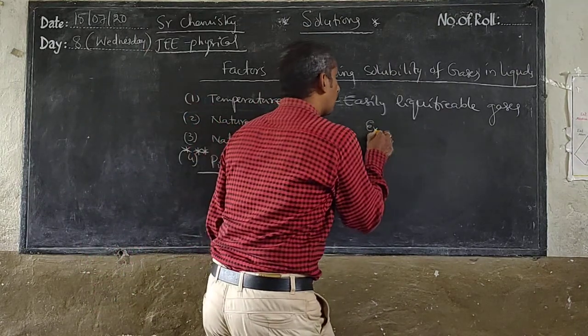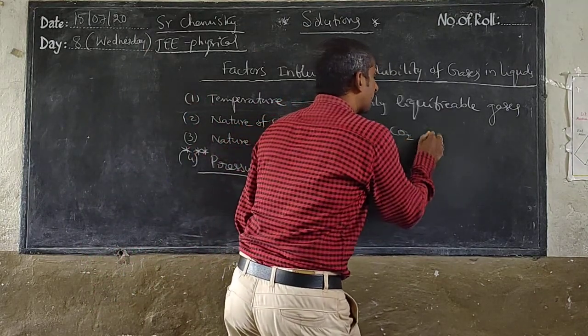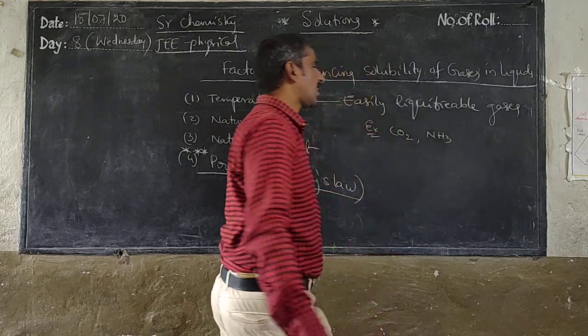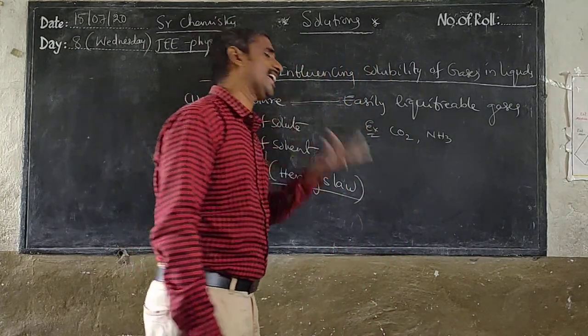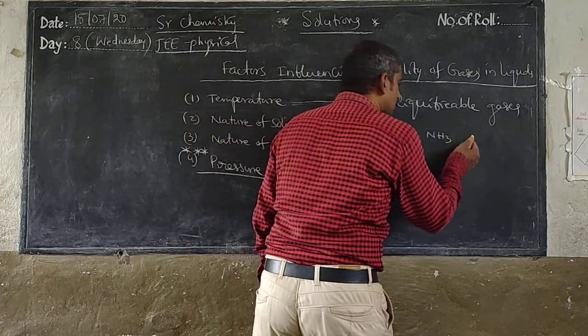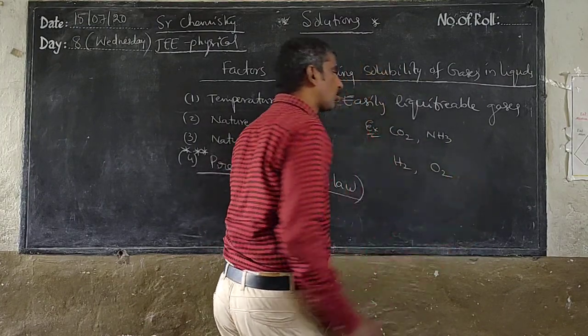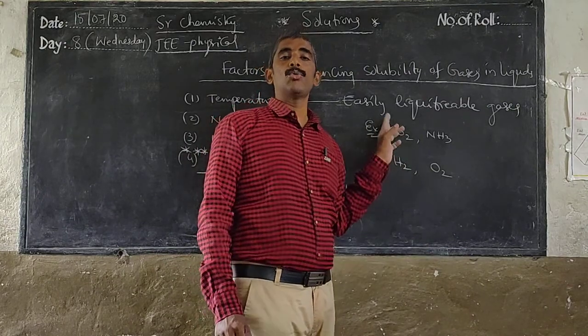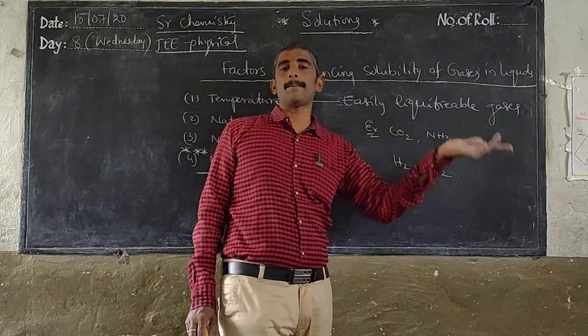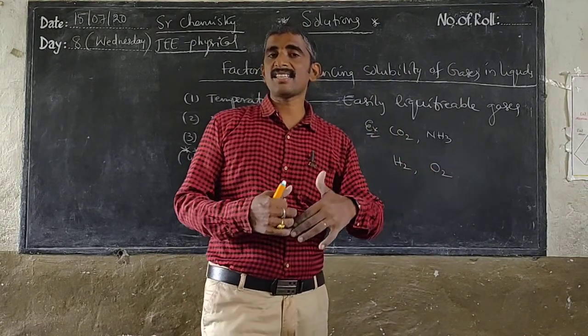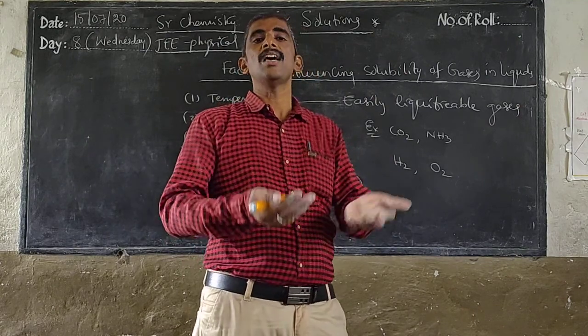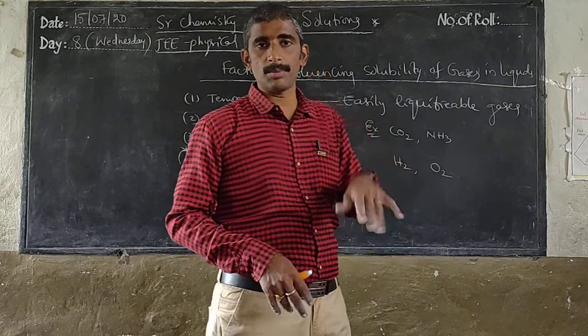For example, CO2 and NH3 are more soluble than other gases like H2 and O2 because CO2 has a higher critical temperature. Gases having a higher critical temperature are easily soluble in water.